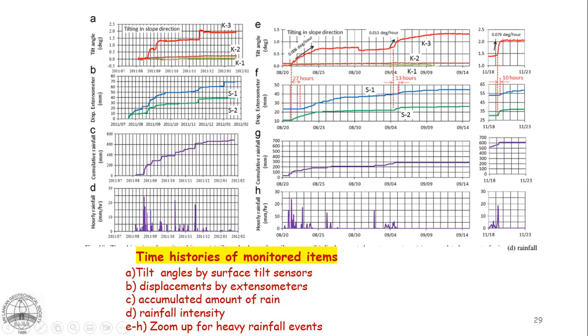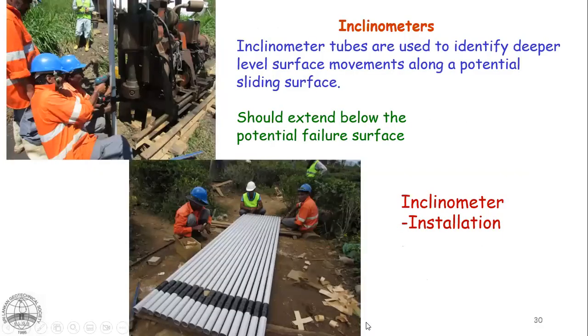So these different devices are complementary to each other. So it confirms what is observed by one device. So in addition to the rainfall, to have some kind of devices to monitor what is happening in the soil, the change of moisture content, the initiation of movements would be very useful for all purposes.